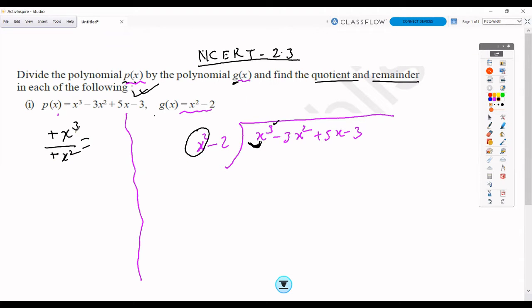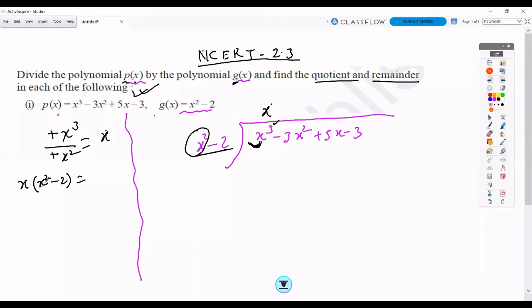When I divide x cube by x square, I get x. So this is x. Now my next step is what? This is included in one step. Whatever comes here, we transfer here. Now, x multiplied by the divisor, x square minus 2.